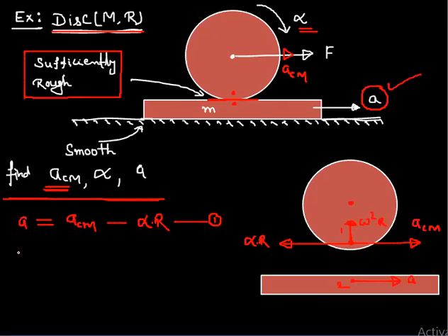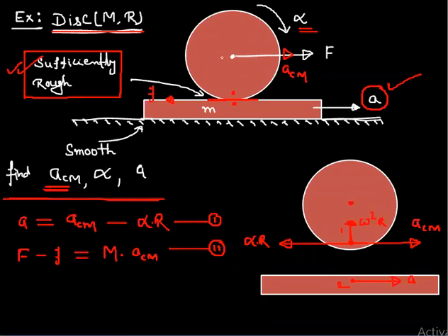Then we saw one more relation: the net force F minus the friction force, which acts because the surface is sufficiently rough, so friction needs to be considered here. The net force has the relation mass into the acceleration of center of mass. Then we saw the rotational analysis, the torque about center of mass.